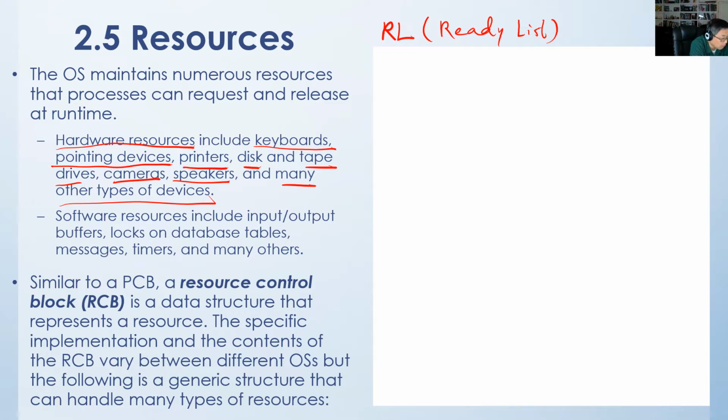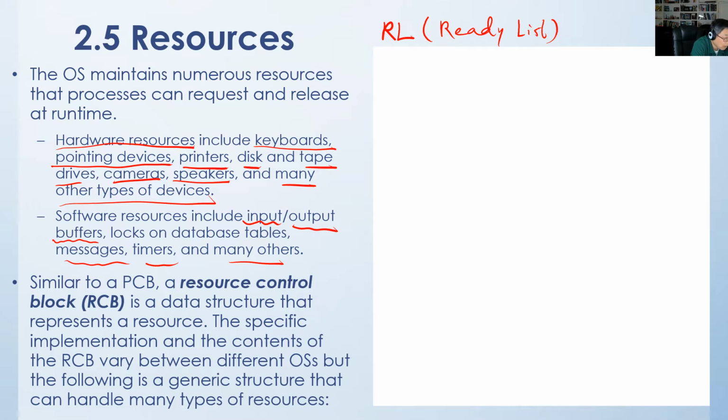There are also many software resources, like the input-output buffers, or many of the buffers on the device controller, locks on database tables, messages, timers, and many others. These are also called software resources that a program may need to use.